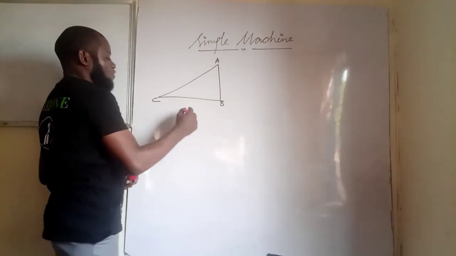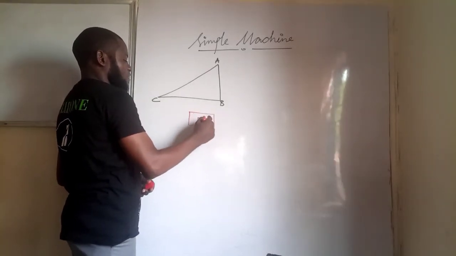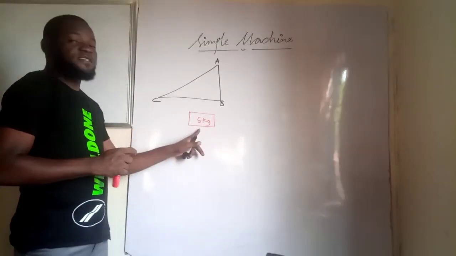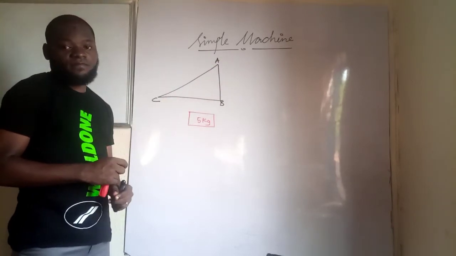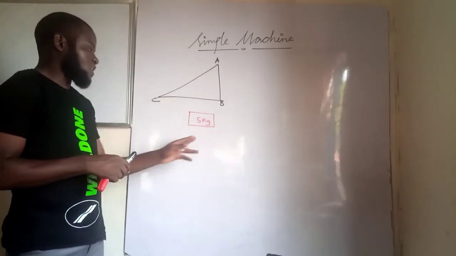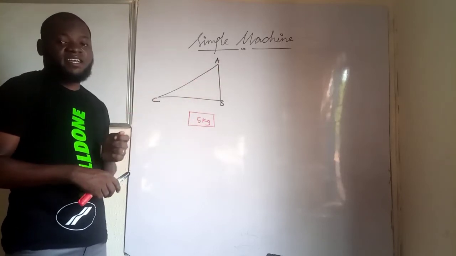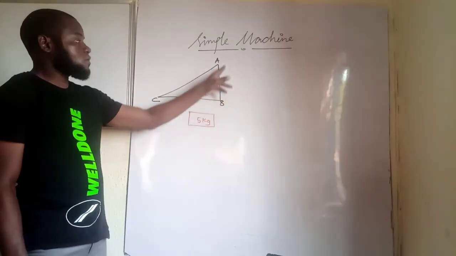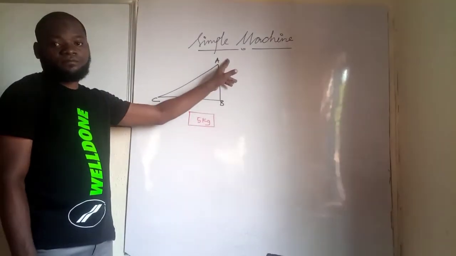If I have a load, let's say this is a load of 5 kilograms, and my intention is to take this load from this point down to point A. For me to take this load to point A, I can take either of two directions. Either I take it from B to A, or I take it from C to A.